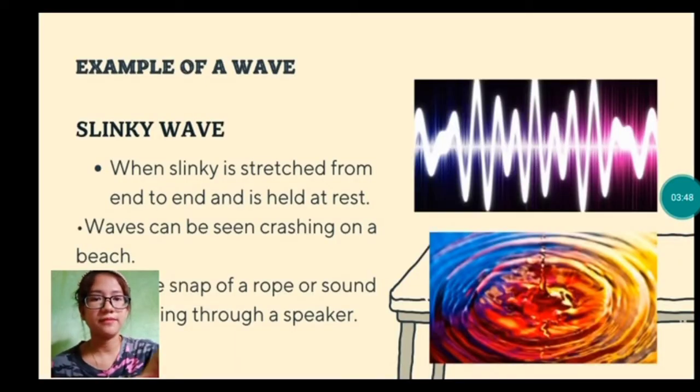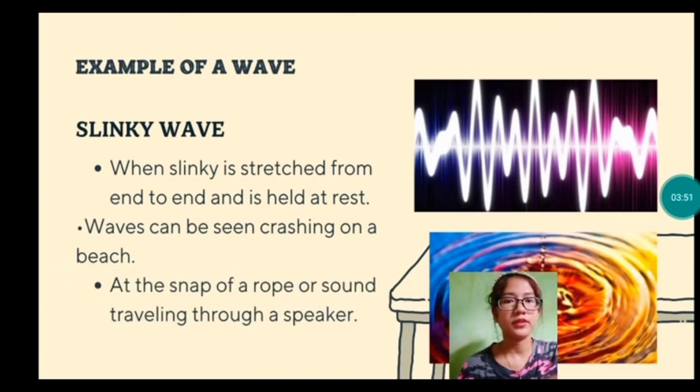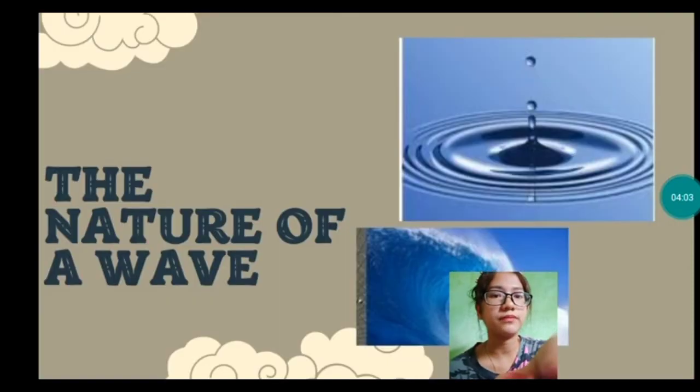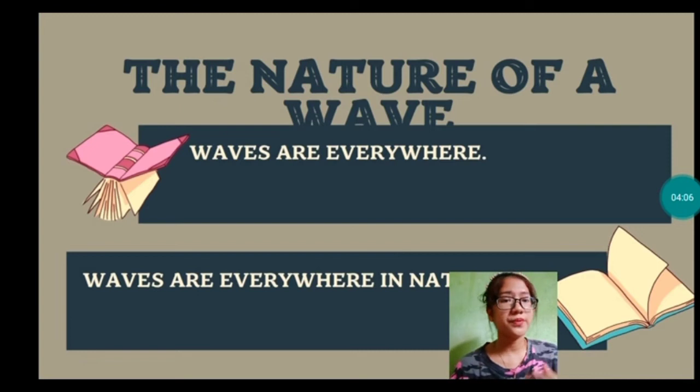Another example. A slinky wave: a slinky is stretched from end to end and held at rest in its natural position. Waves can be seen crashing on a beach, in the snap of a rope, or in sound traveling through a speaker. This is the nature of a wave. Waves are everywhere.